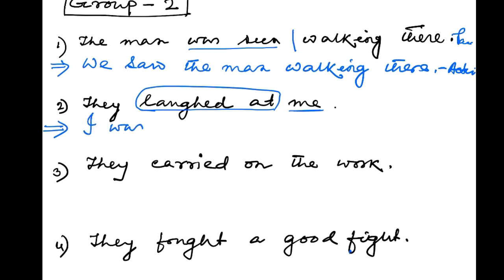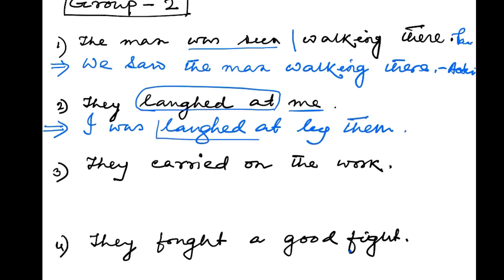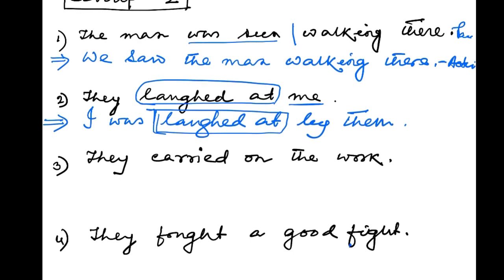Past indefinite, so "was." I was, then the past participle of the verb: I was laughed at by them. "At" is grouped with "laughed." Never forget, the "at" will be grouped with "laughed."